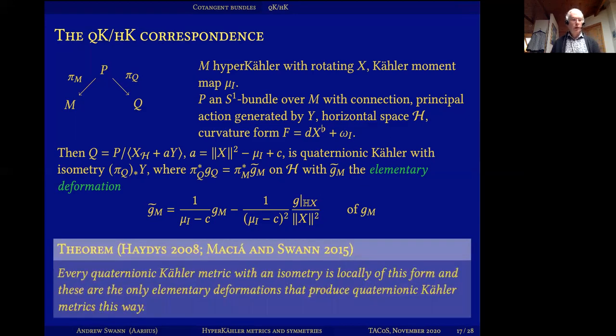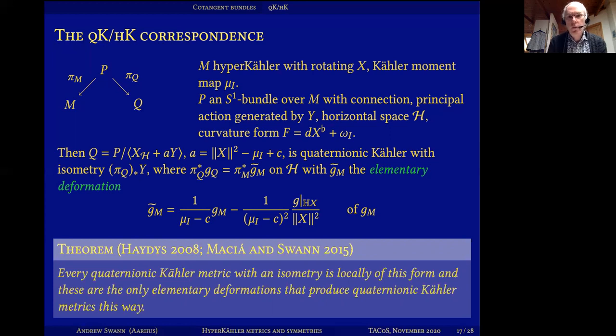So that looks very specific in the way I've set it up. It comes from a result of Haydys in the first instance, where he went the other way around. He started with a quaternion-Kähler metric and showed how to construct a hyperkähler metric with a rotating circle action. So Haydys's work immediately tells you every quaternion-Kähler metric will arise in this way. So it turns out that this elementary deformation formalism is exactly how you get to the hyperkähler metric.